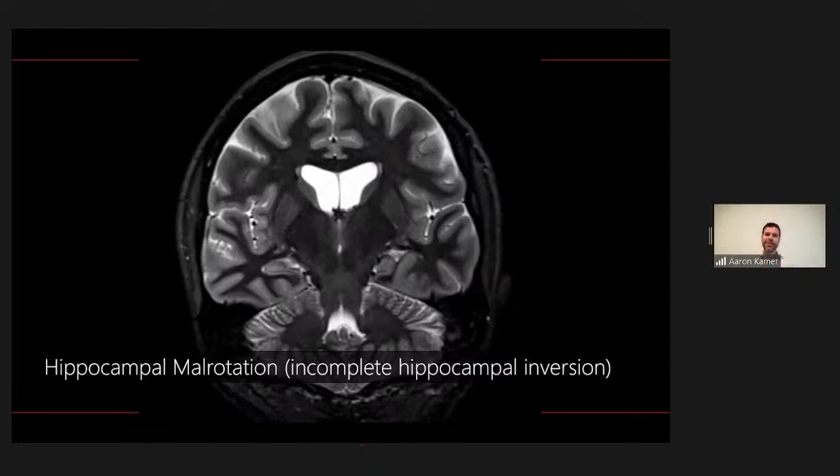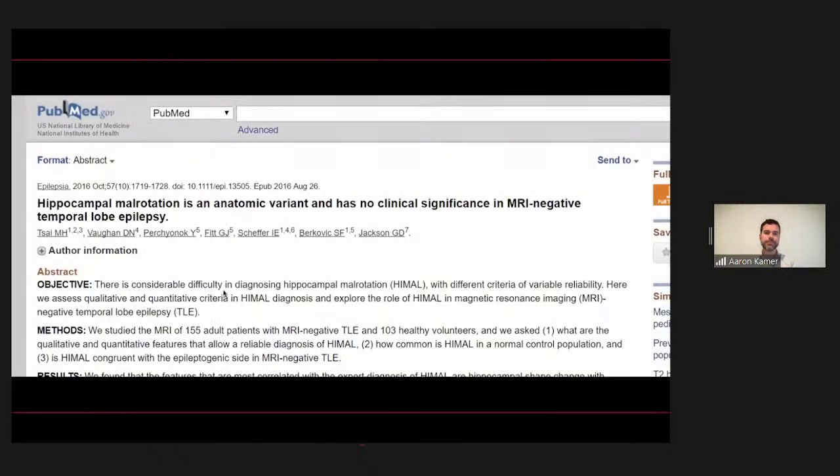I love that as a title. The authors made sure you didn't even have to read the article. So this is a finding that's incidental, we'll see sometimes, and I think is pretty easily confused with mesial temporal sclerosis. Yeah, here we go. It is an anatomic variant, has no clinical significance in MR negative temporal lobe epilepsy. I love it. When I publish, I'd love to have titles that look like that.